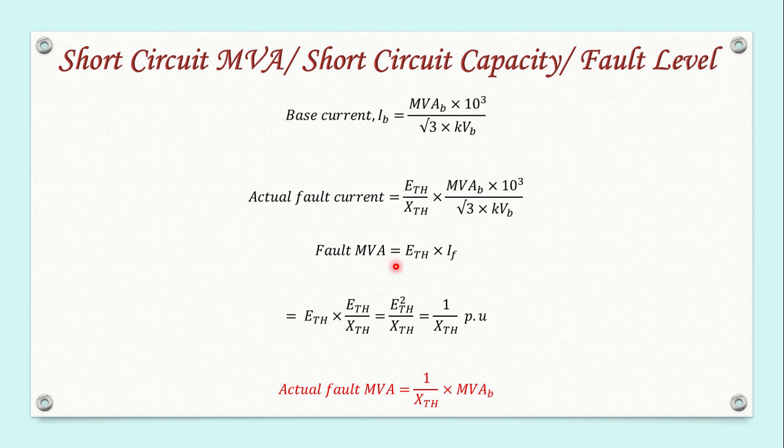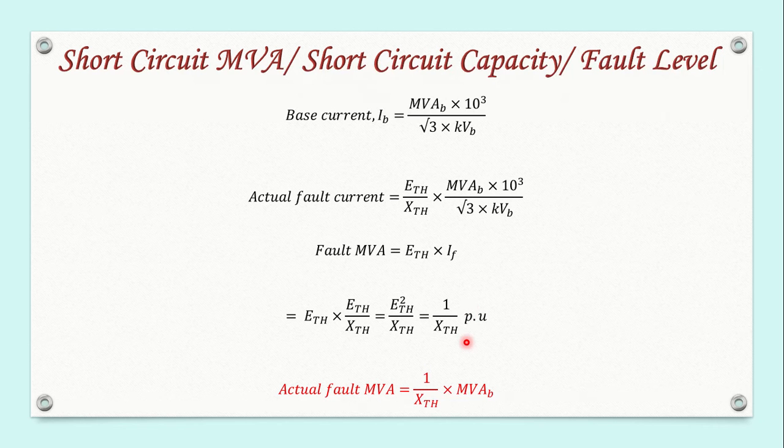Now fault MVA. We have said that MVA is the apparent power, that is, voltage into current: pre-fault voltage into post-fault current. So ETH into IF. The per unit value of IF is ETH by XTH, so this will become ETH square divided by XTH. As we are considering ETH as 1 angle 0, this can be written as 1 divided by XTH per unit. So fault MVA is equal to 1 divided by XTH per unit.